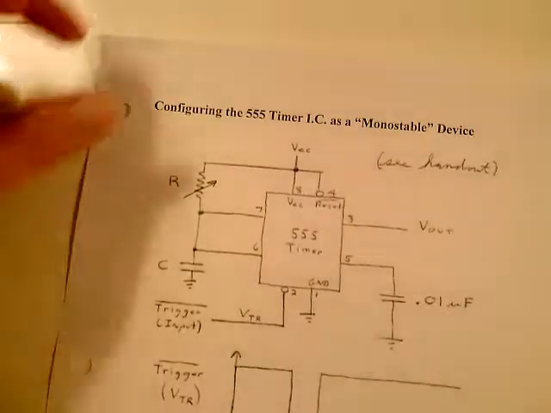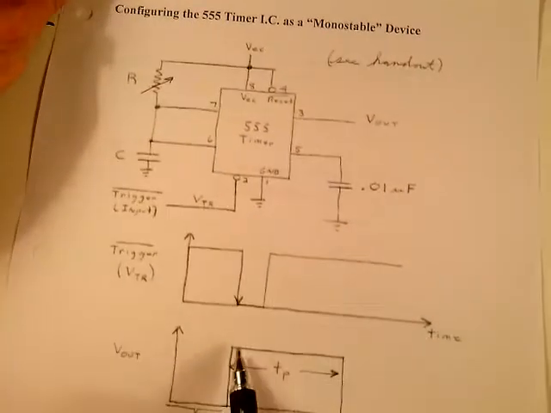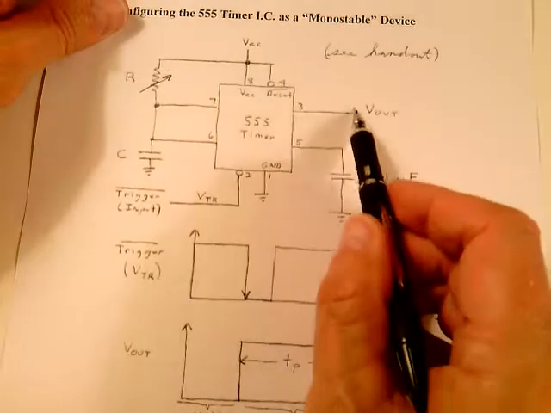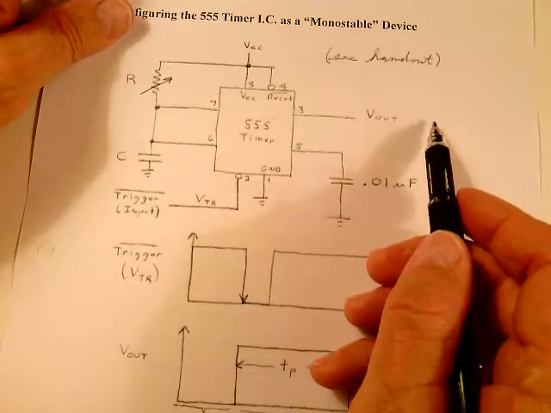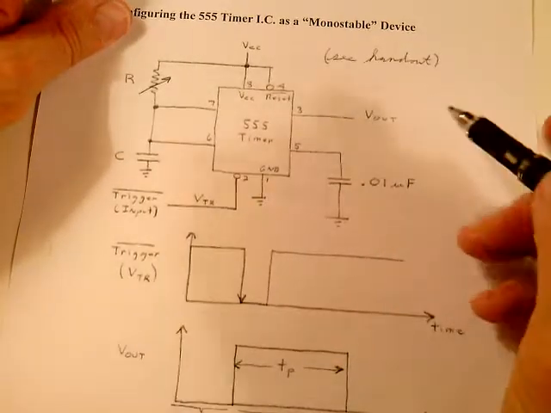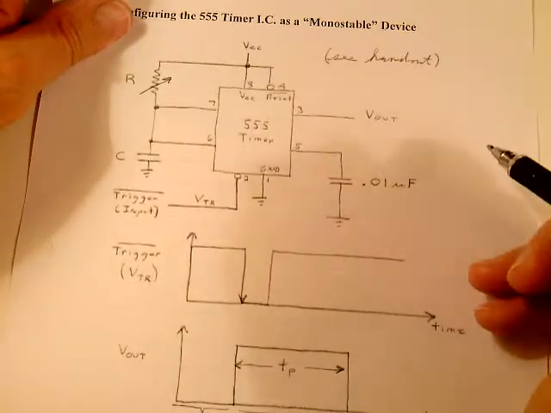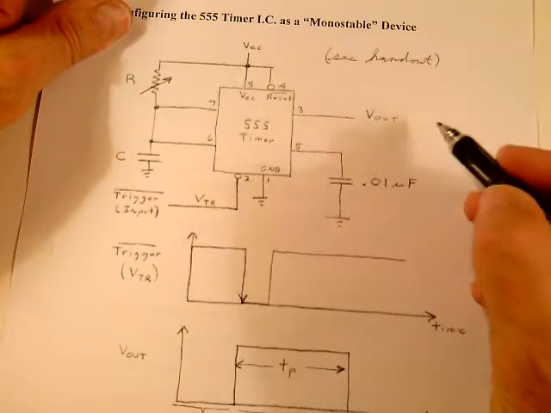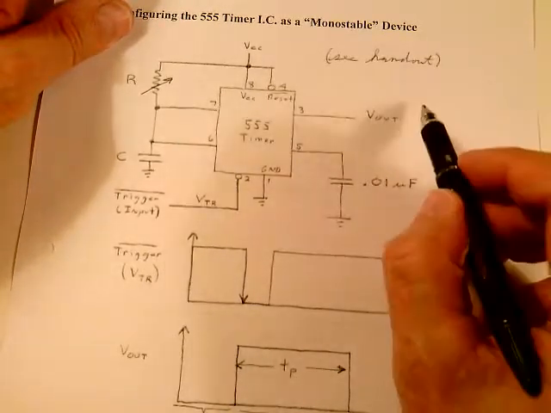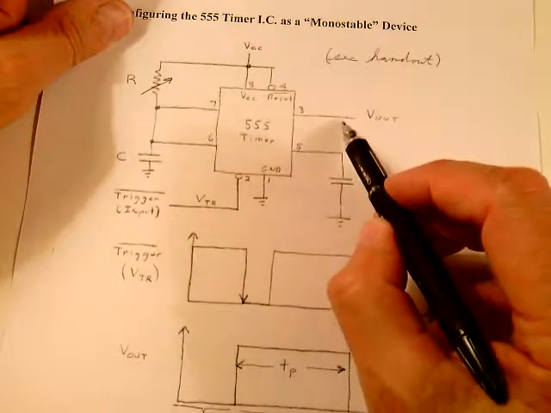All you have to do is vary this pulse width right here, because this is going to drive a transistor or a solenoid or a relay to drive the motor that drives the windshield wipers, or to turn on the light. There's other circuitry out here, obviously, but this is the control of it.